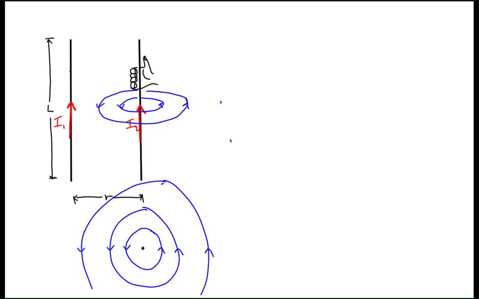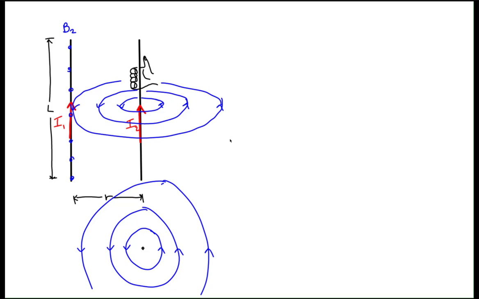And notice these magnetic field lines have a particular orientation. At the location of wire 1, the magnetic field lines are coming straight towards us. So I'll represent that with a series of dots to represent the magnetic field coming straight towards us. This magnetic field is the magnetic field generated by wire 2.